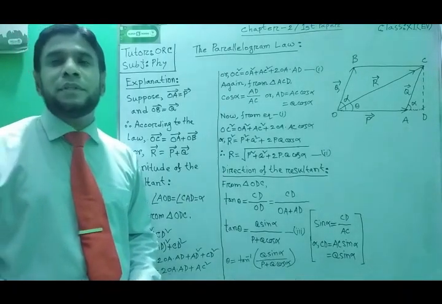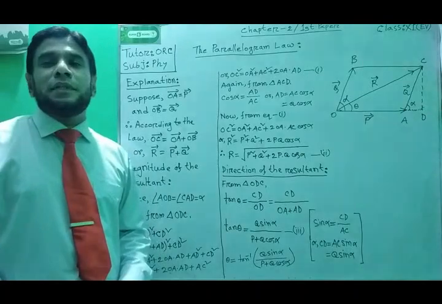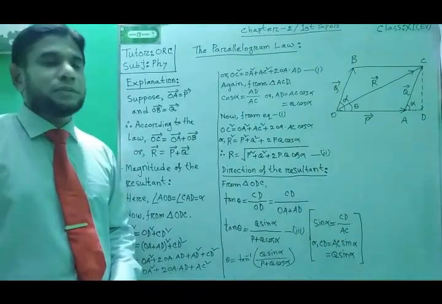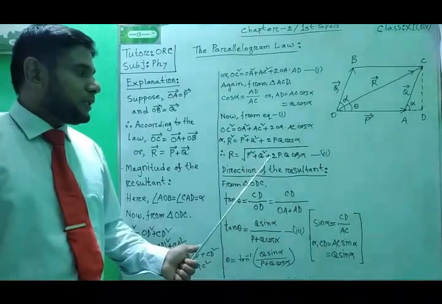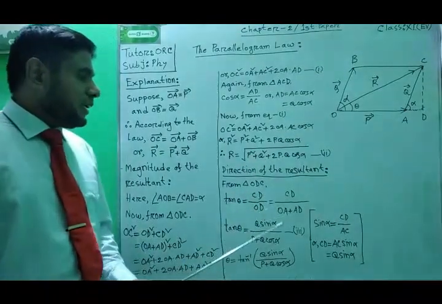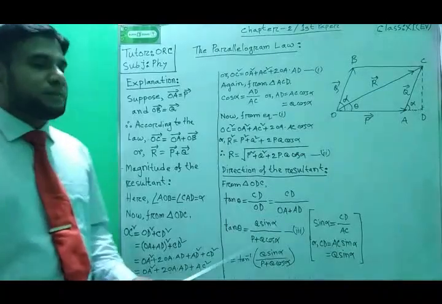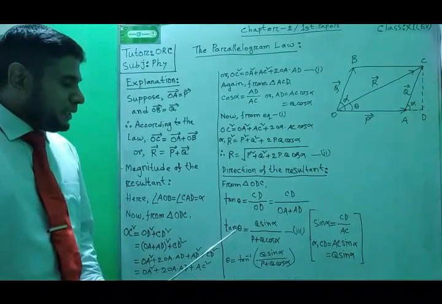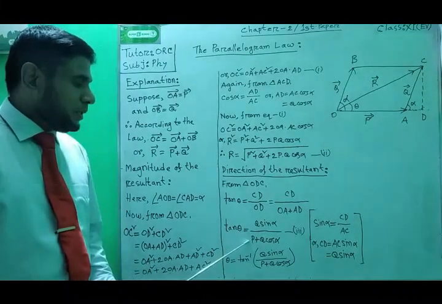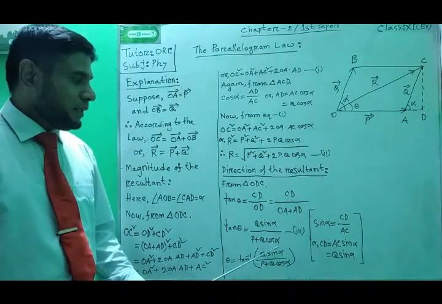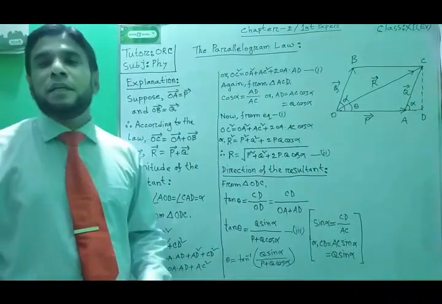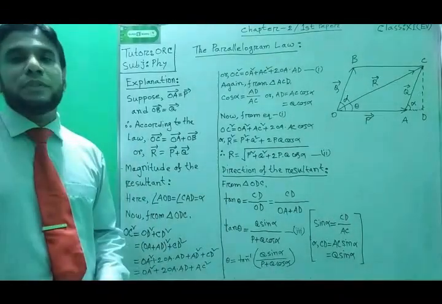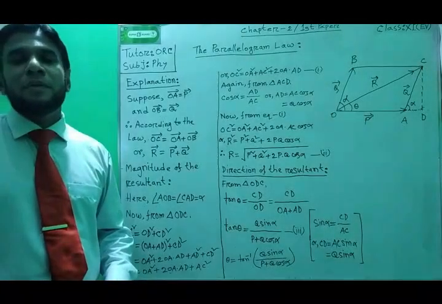To find the addition or resultant of two vectors, we write R equals root over P square plus Q square plus 2PQ cos alpha, and to find the direction, we must apply tan theta equal to Q sin alpha by P plus Q cos alpha. This is how we can find the resultant of two vectors with the help of the parallelogram law.